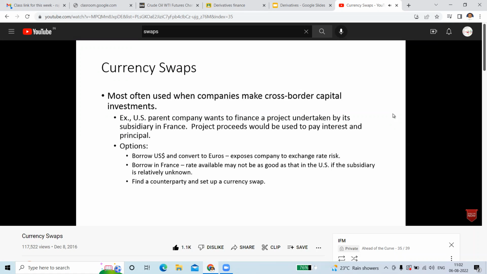They could borrow in the U.S. and convert that to euros, but that exposes the company to exchange rate risk. They could borrow in France, but the rate available there may not be as good as it is in the U.S. because the subsidiary is relatively unknown. The third possibility is to find a counterparty and set up a currency swap.